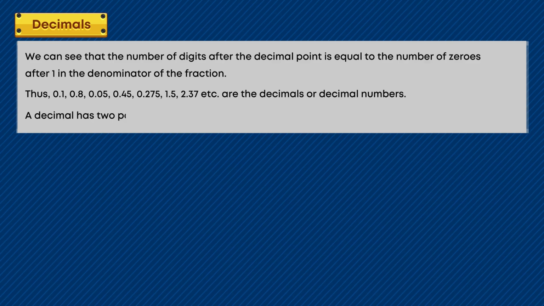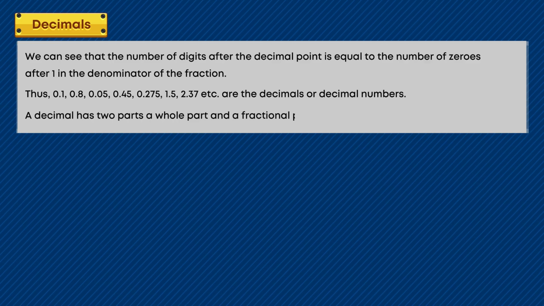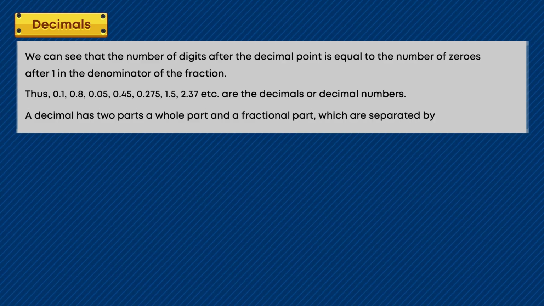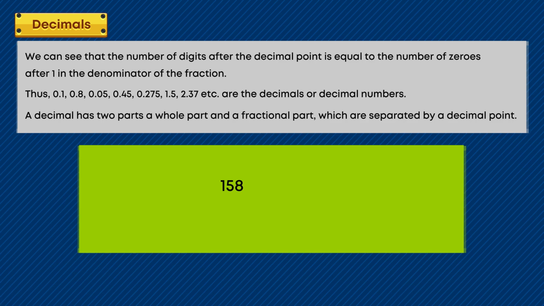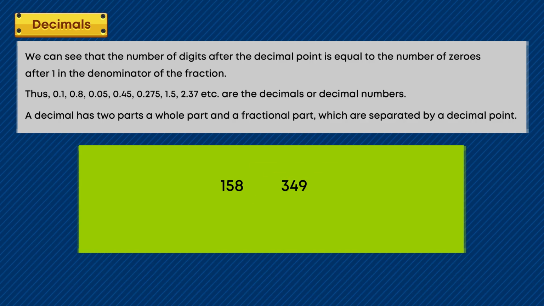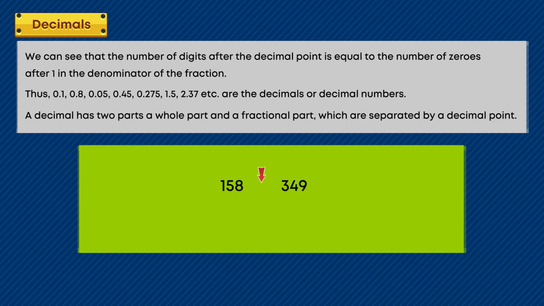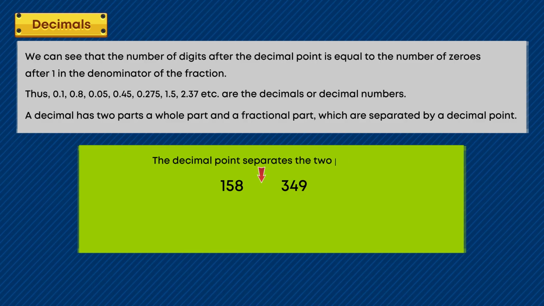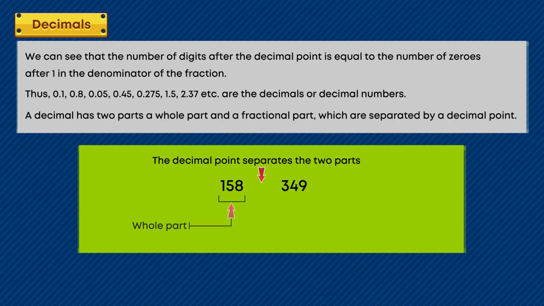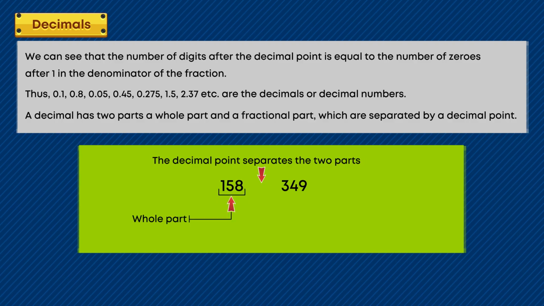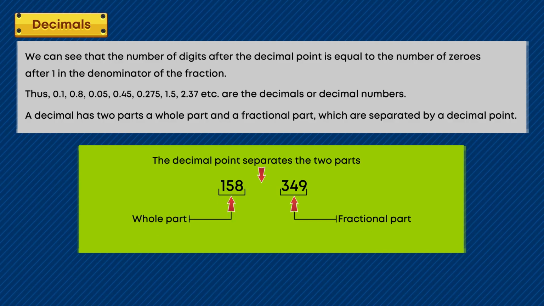A decimal has two parts, a whole part and a fractional part, which are separated by a decimal point. Take 158.349. The decimal point separates the two parts. 158 is the whole part. 349 is the fractional part.